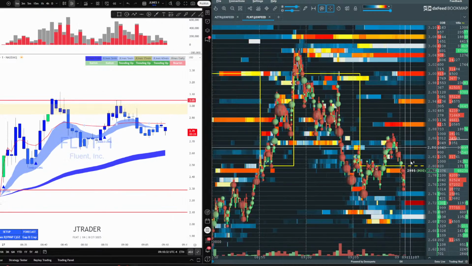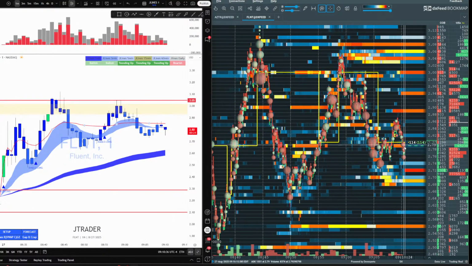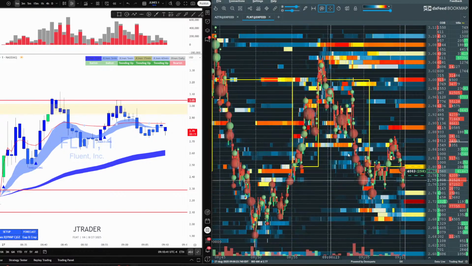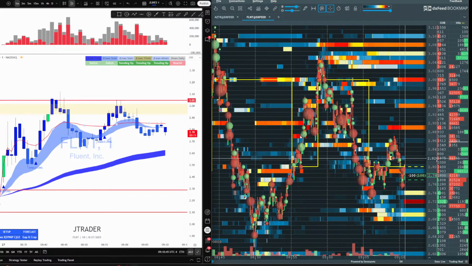So for now, we see that the price is dropping below the point of control over here. You can see that point of control did move from 2.80 until over here 3.